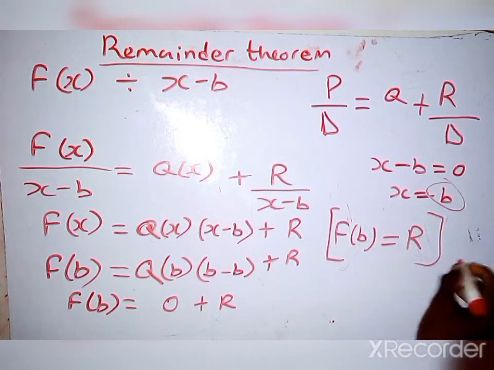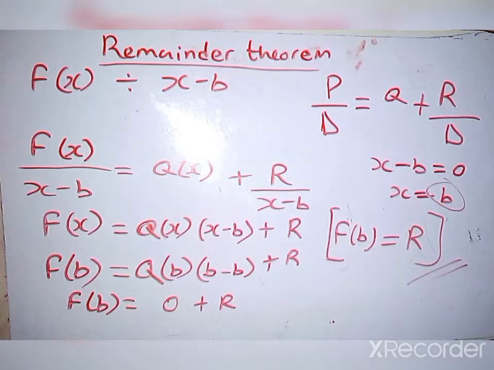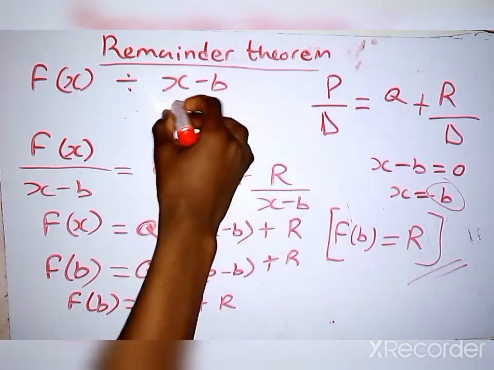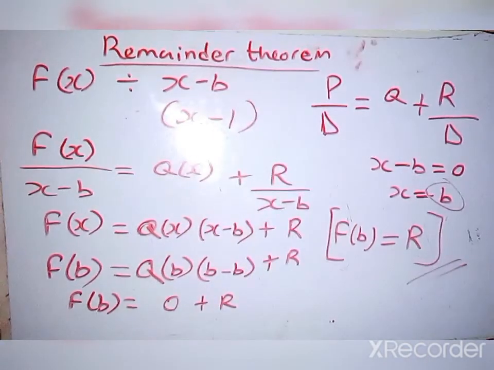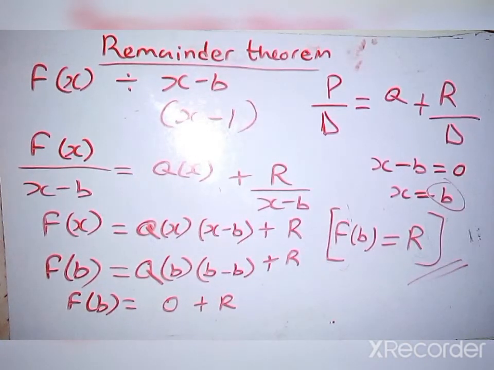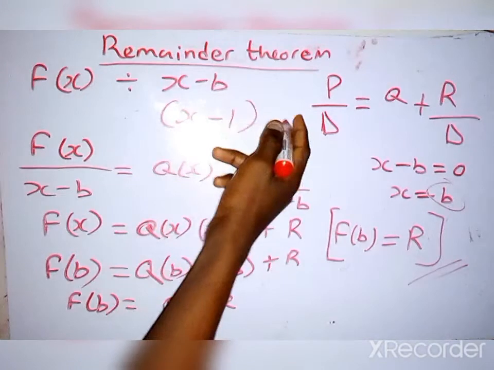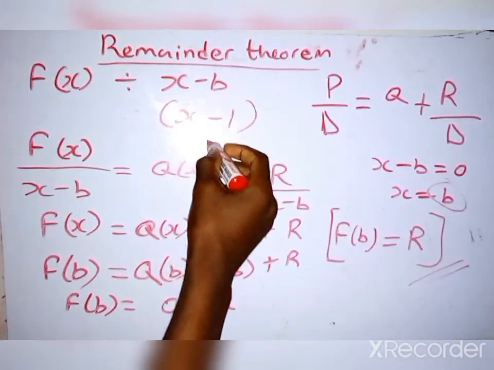So this is the remainder theorem. For example, let's say a polynomial is divided by x minus 1. Just equate x minus 1 to 0, so x will now be equal to 1.